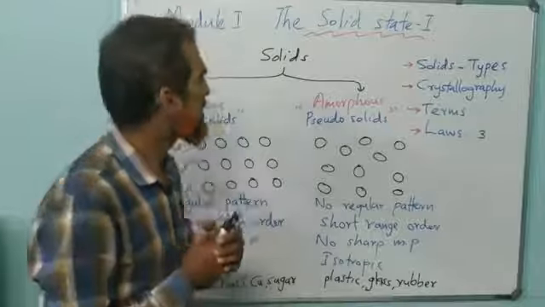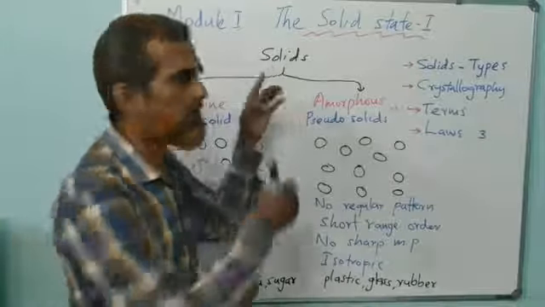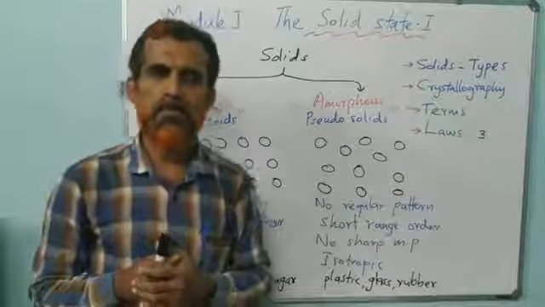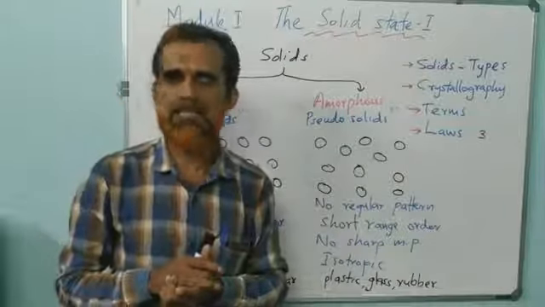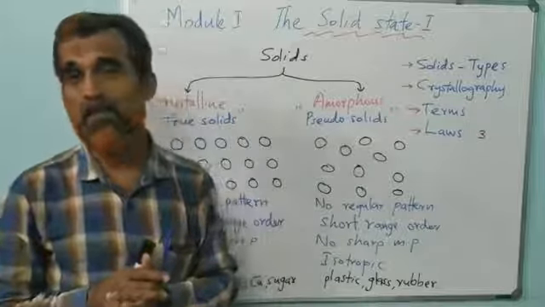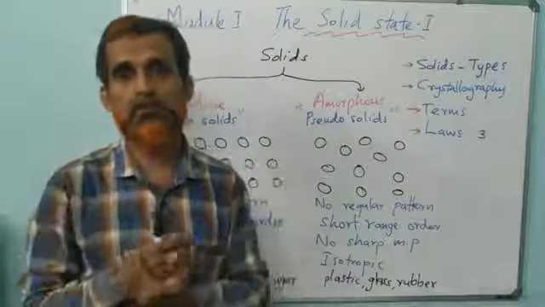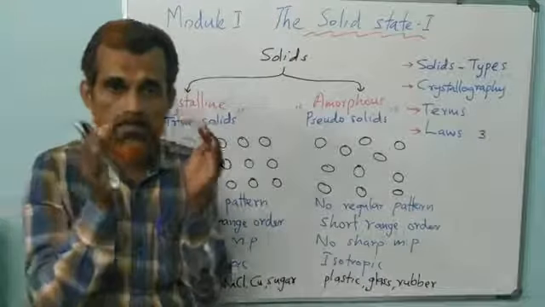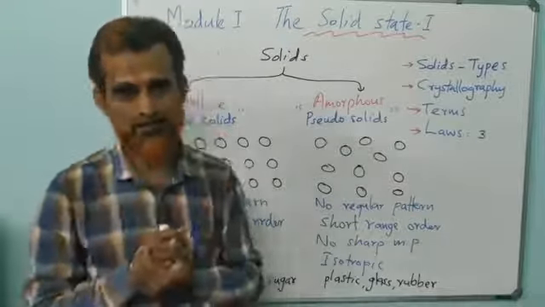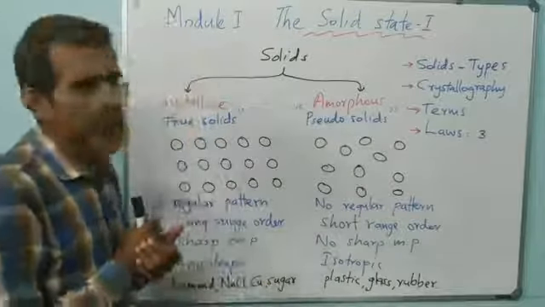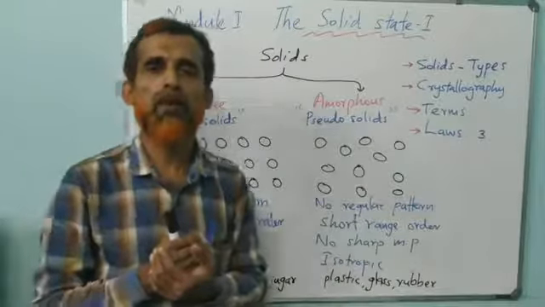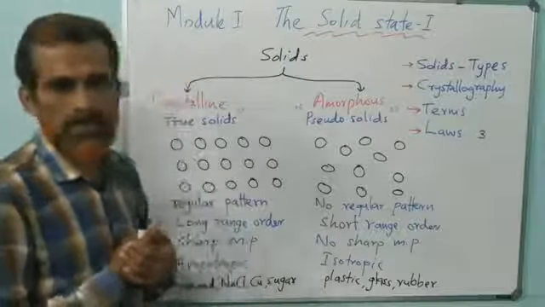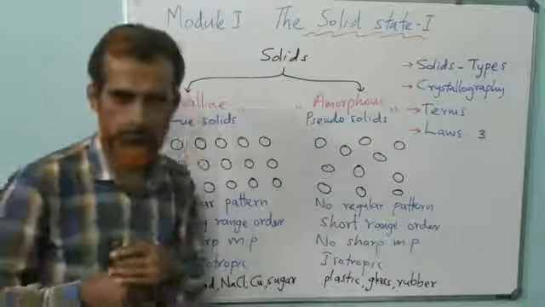Let us start with the classification of solids into 2 types, that is crystalline and amorphous. You know that solid and liquid states are condensed states where the constituent particles are held close. In solids, particles are closely packed, but based on the degree of randomness, we can classify solids into 2 types.